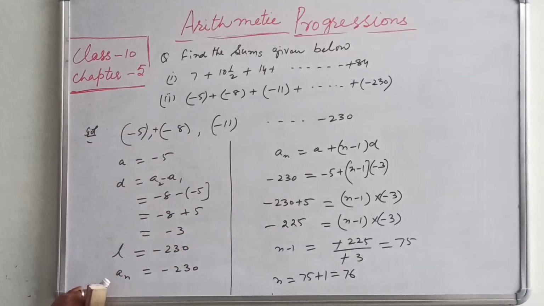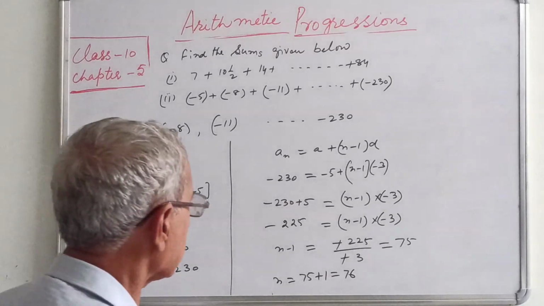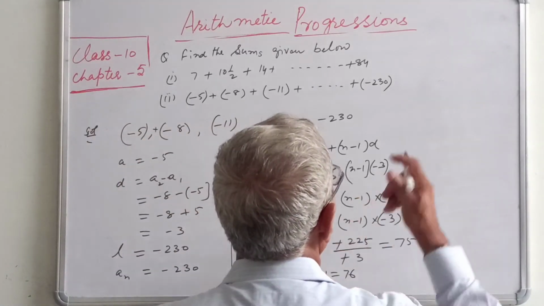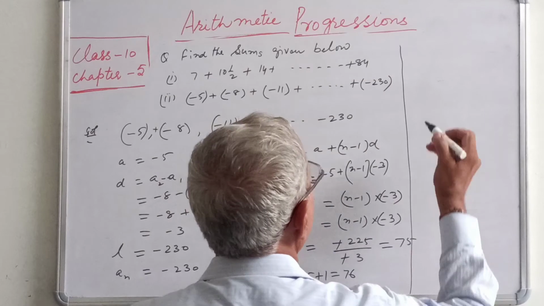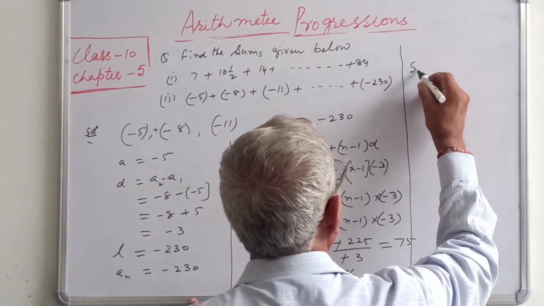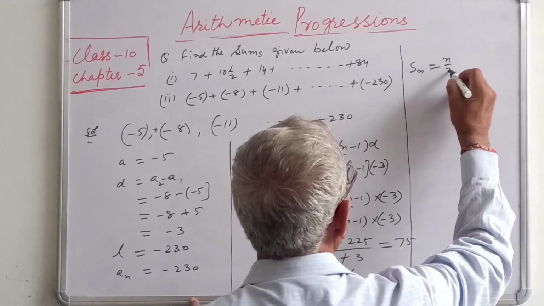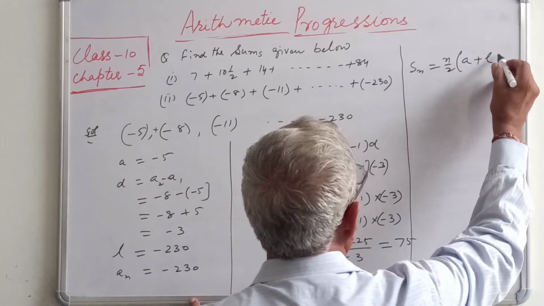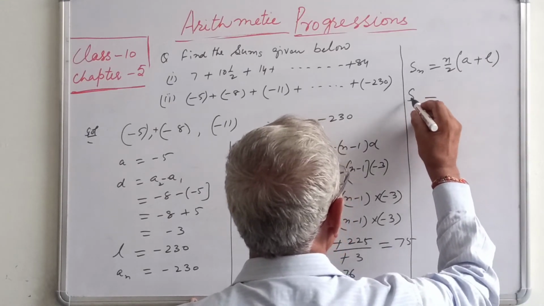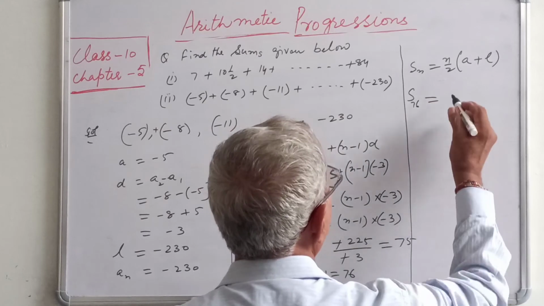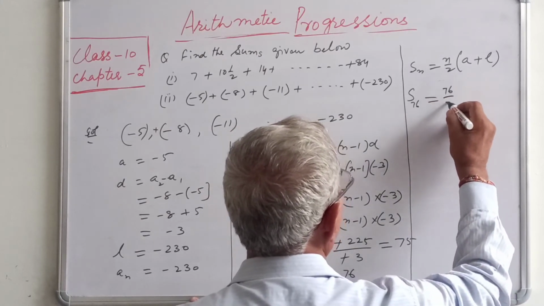Now we have to find the sum of the 76 terms. So Sn is equal to n upon 2 into A plus L. So S76 will be 76.